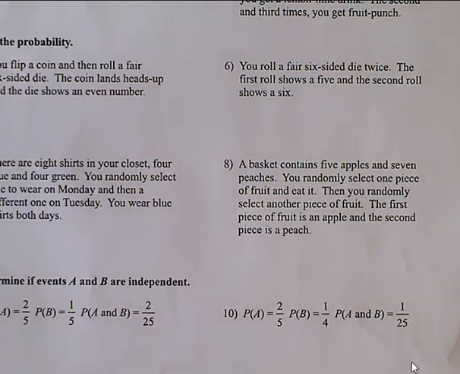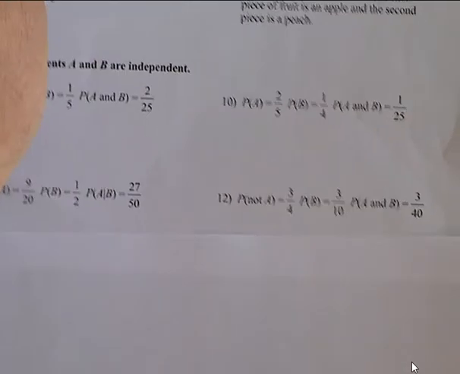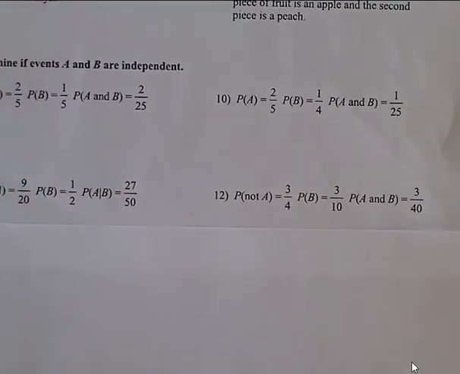Now, on problems 9 through 12, you simply got to ask yourself, careful about the wording, the probability of not A is 3/4. The probability of B is 3/10. The probability of A and B is 3/40. Are those independent?